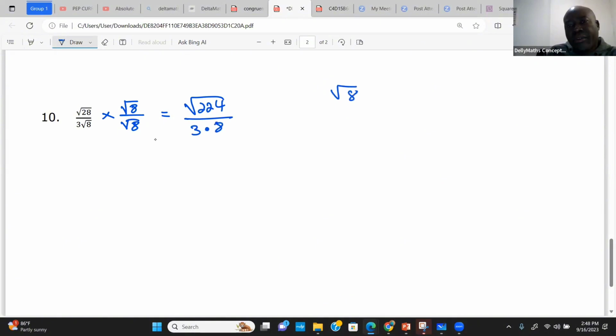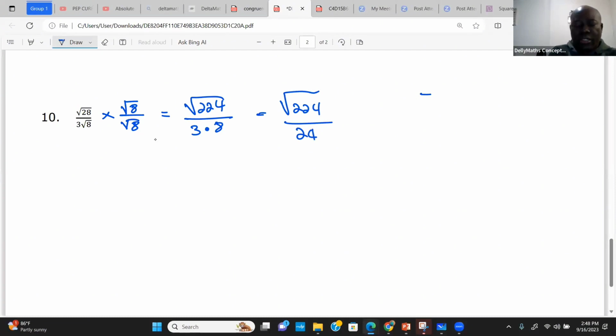Remember that the root of 8 times the root of 8 gives 8. Hence, when this is multiplied by this, I'm going to have an 8 there coming out. So this is what we have at this moment: the square root of 224 over 24.